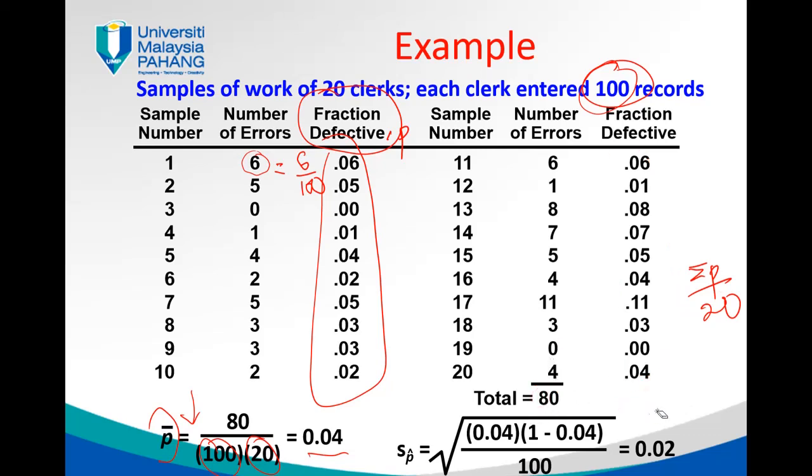Then the standard deviation, as mentioned in the earlier slide, is equal to the square root of P bar times 1 minus P bar divided by the number of samples n.